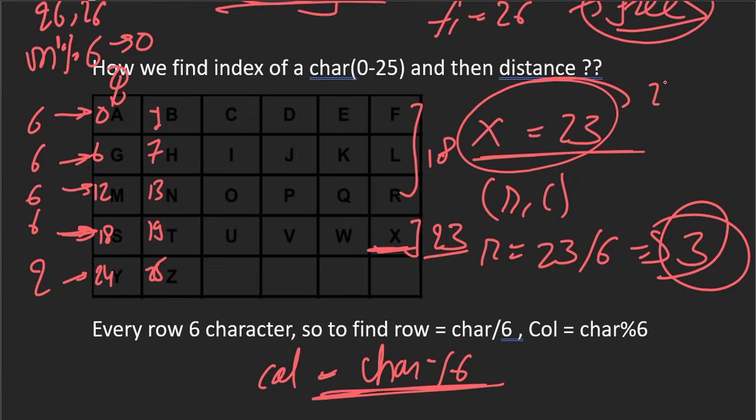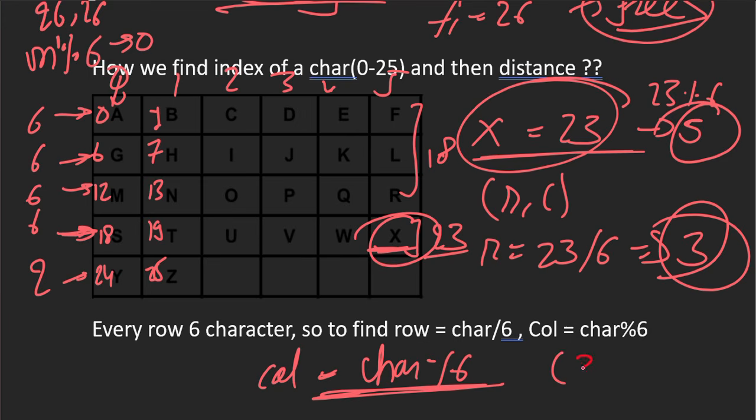Here we have 23, so 23 modulo 6: 6 times 3 is 18, 18 plus 5, so 5 is the remainder. So the column of x is 5 and the row is 3, so we get 3 comma 5.